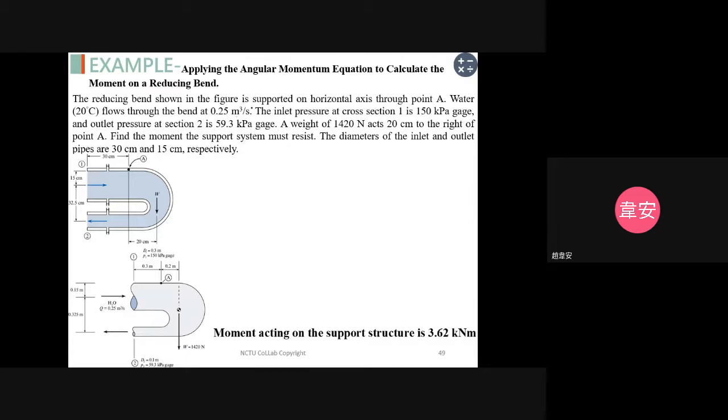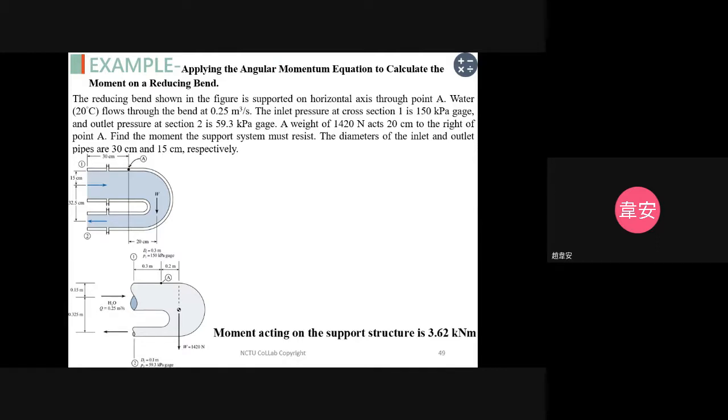Okay, so we directly apply the angular momentum equation to calculate the moment on a reducing bend. This is also a pipe bend, but with different diameters at the inlet and outlet. This pipe bend is supported on a horizontal axis through point A, so the horizontal axis is our rotation axis.